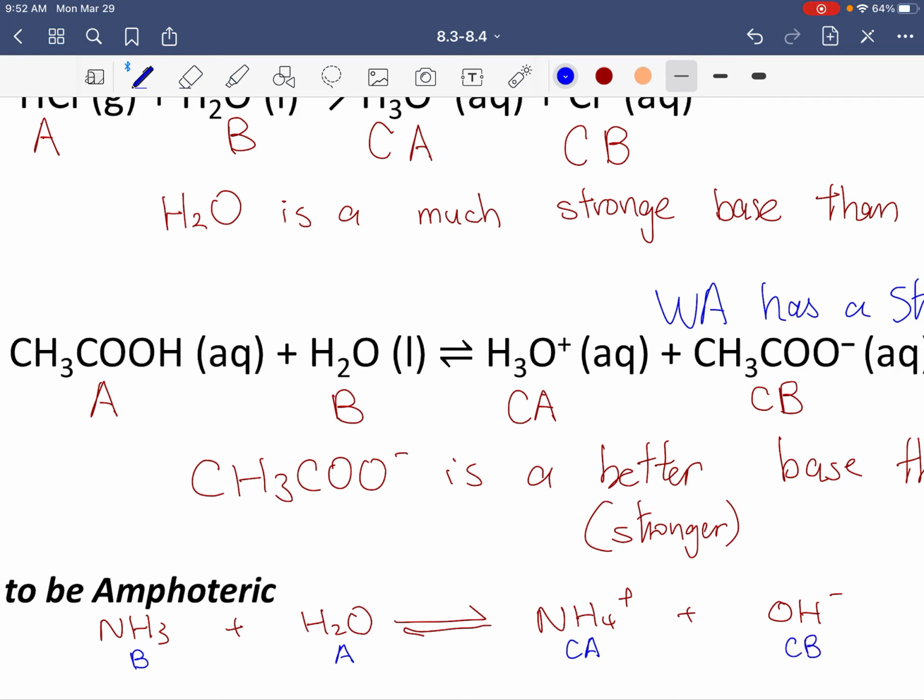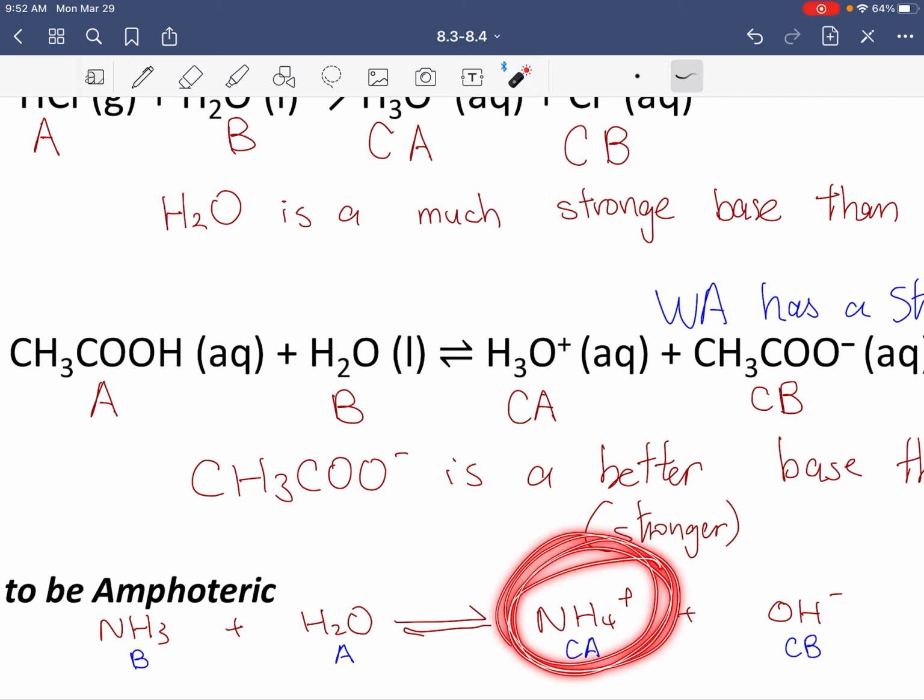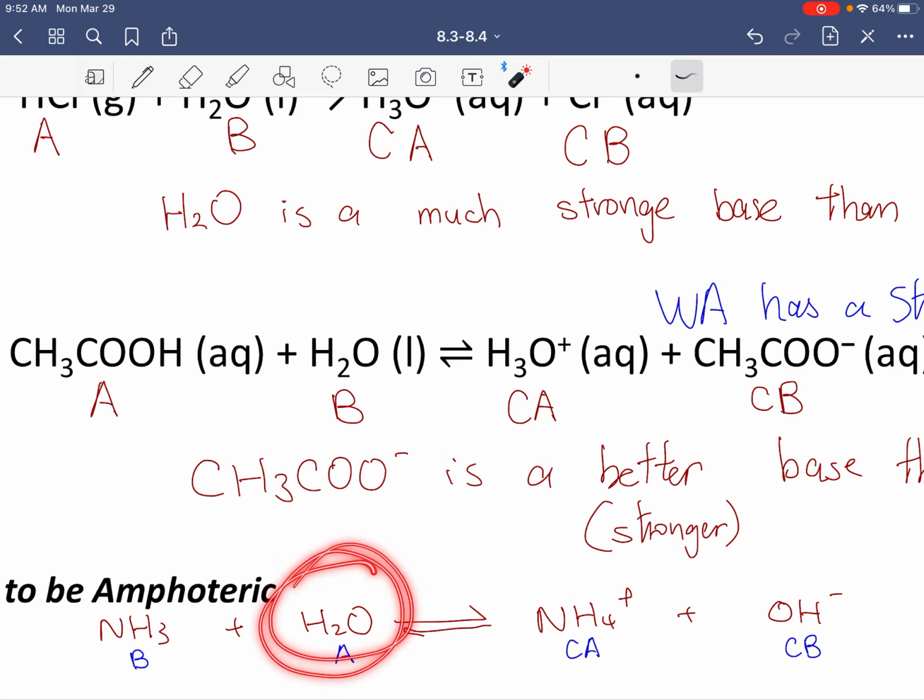Okay? What makes this weak is that the conjugate acid here is stronger in terms of donating a proton than water donating a proton.